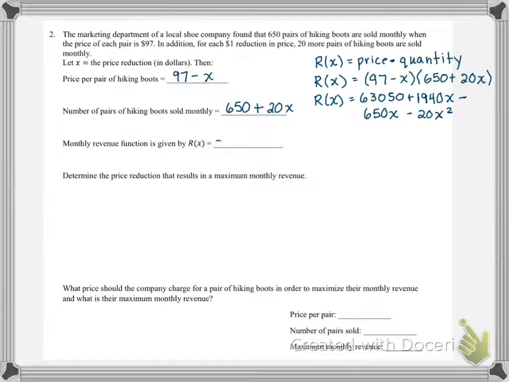And then we'll combine like terms and put it in descending order. So I have negative 20 x squared plus 1,290 x plus 63,050.